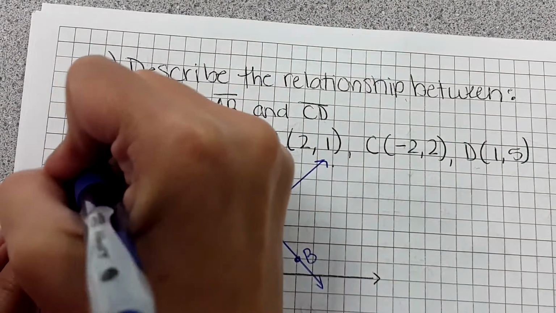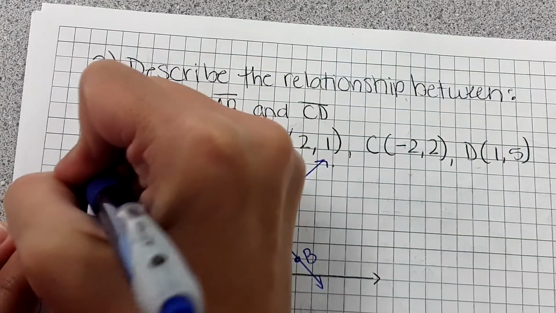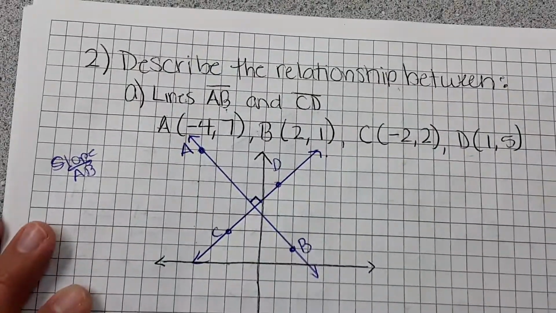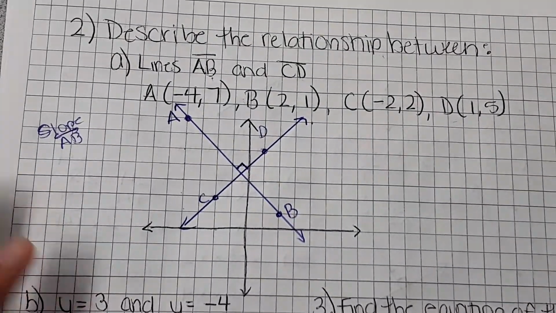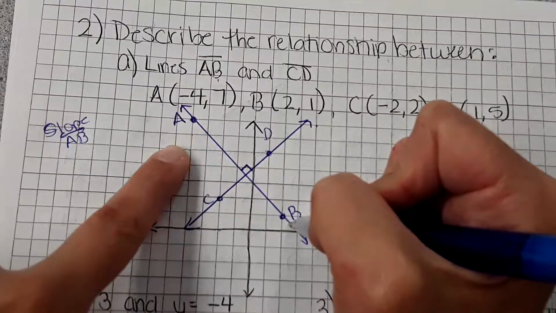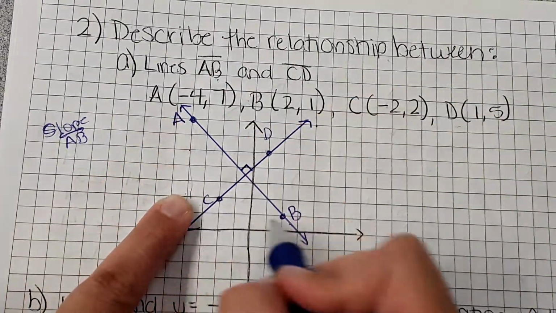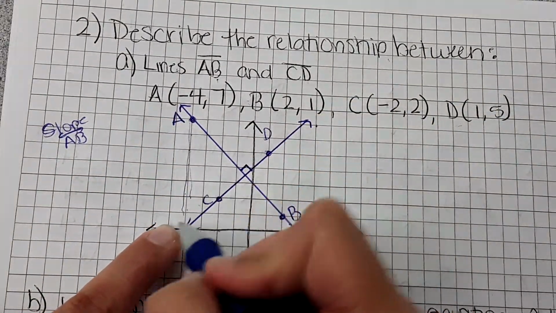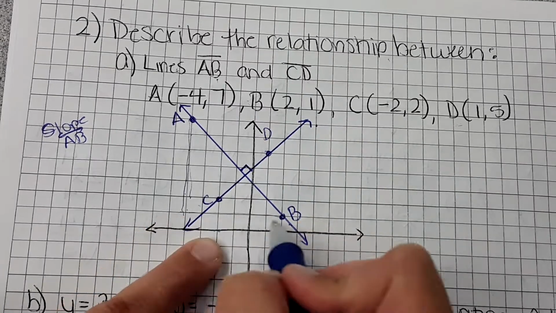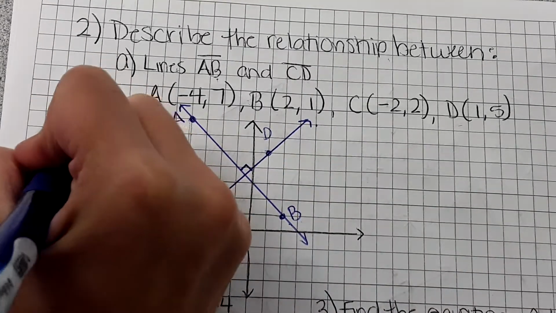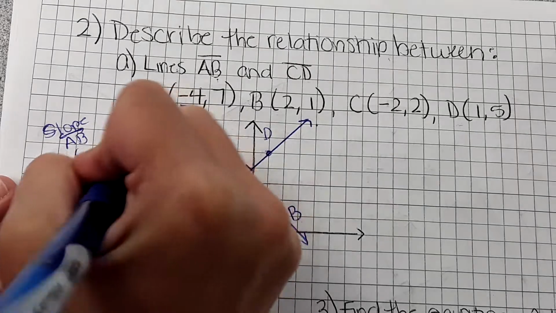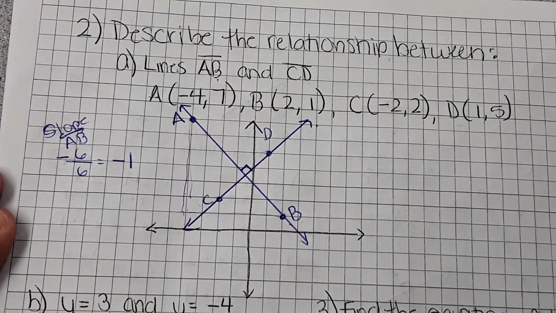So slope of line AB. For this line right here, to find the slope, you go down and over. So we're going down 6 over 6 if you were to count each square. So it would be negative 6 over 6, which equals negative 1. So your slope is negative 1.